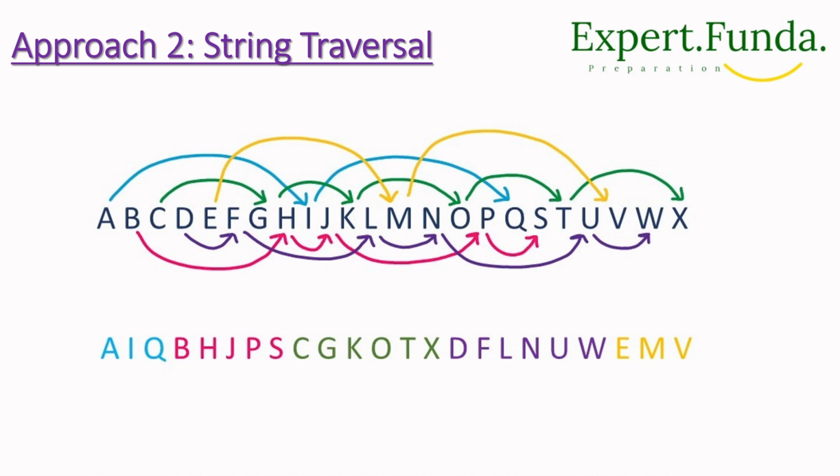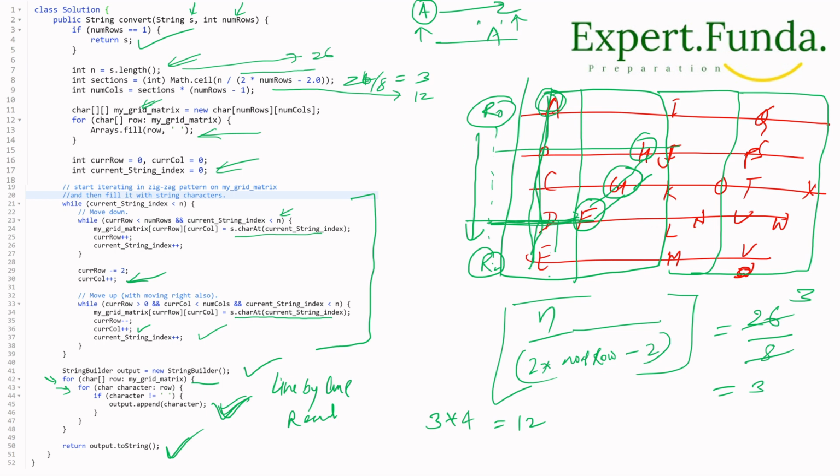Okay, so if you talk about the complexity in this program, the complexity is that we are traversing the number of rows and the total characters, right?